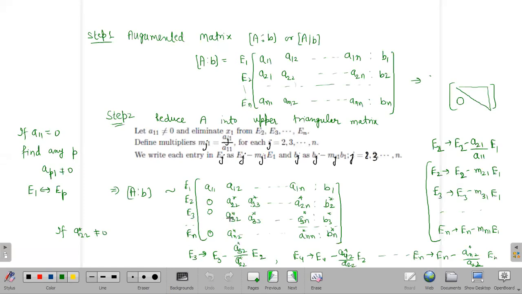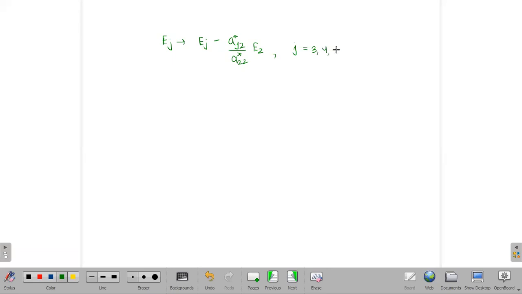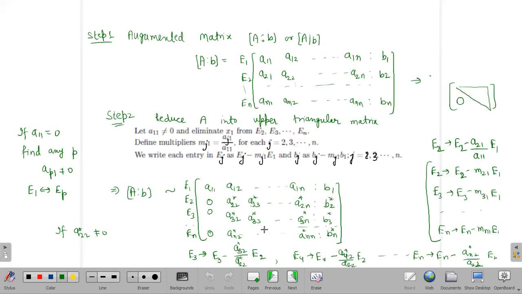Because we are applying the operation from the third row, it is 3, 4, and so on up to N. Similarly for A33 also, below these entries you have to make 0. Again, if A33 is 0, then you look into other rows, then you replace E3 by that row. Otherwise, if it is non-zero, then you perform these operations accordingly.